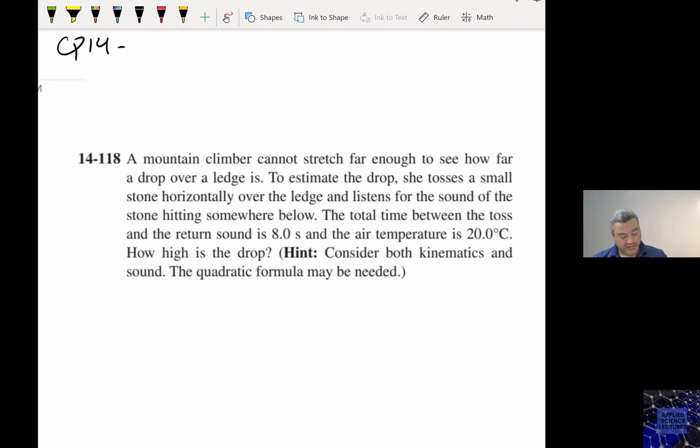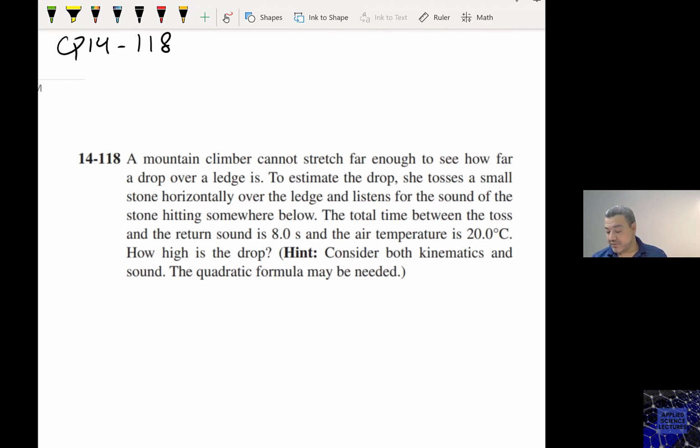Problem 118. In this problem, we have a mountain climber who cannot stretch far enough to see how far a drop over a ledge is.